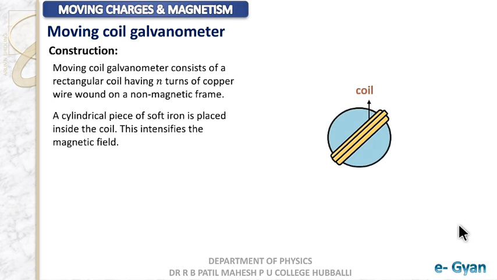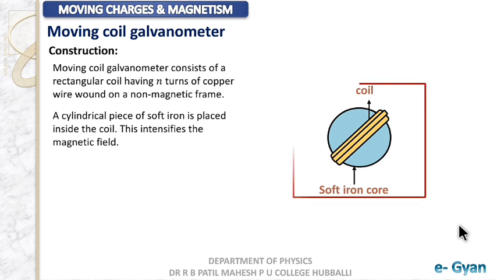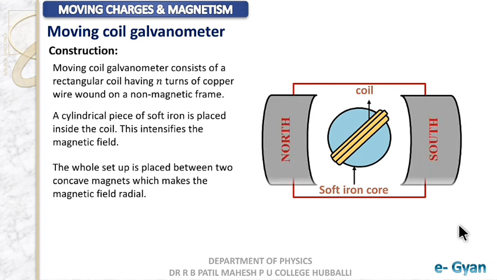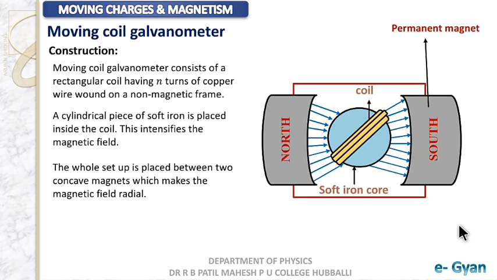This soft iron intensifies the magnetic field, and this whole setup is placed between two concave magnets which produce a radial magnetic field. From the north pole, the magnetic field is converging to the point here. From here, it is diverging towards south.